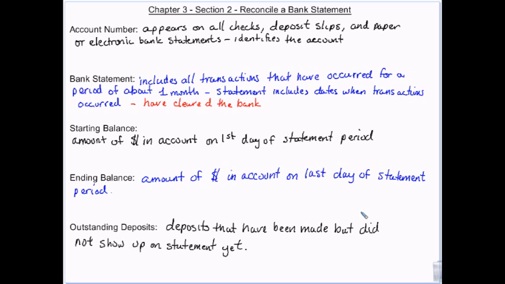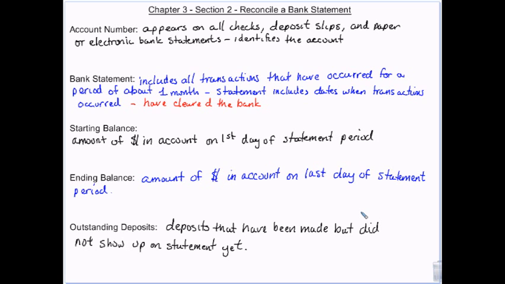Okay. Your starting balance is the amount of money that is in the account on that first day, and then the ending balance is the amount of money in that account on the last day. Now, again, there's often what I'm going to call a time warp between the amount of money that you know is in the bank and the amount of money that the bank knows is in the bank, because of the time it takes for transactions to process between when you actually do them and when they actually clear your bank.